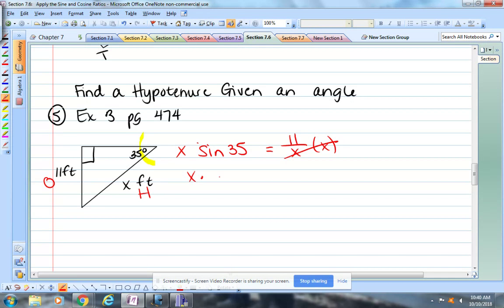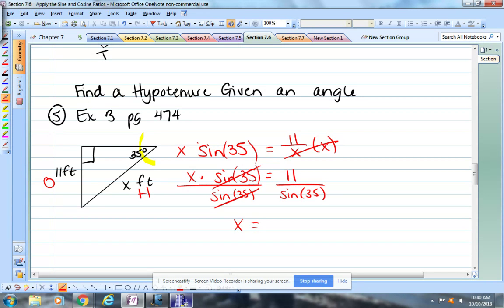Now I have x times the sine of 35 degrees equals 11. Now what do we do? Divide by the sine. I should be using parentheses, my bad. So x is going to be 11 divided by the sine of 35 degrees.